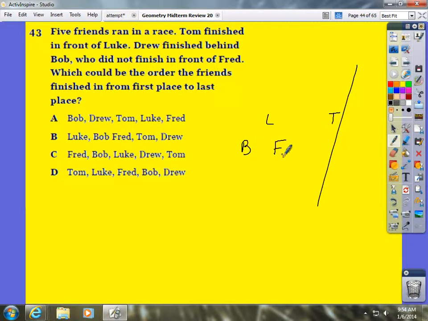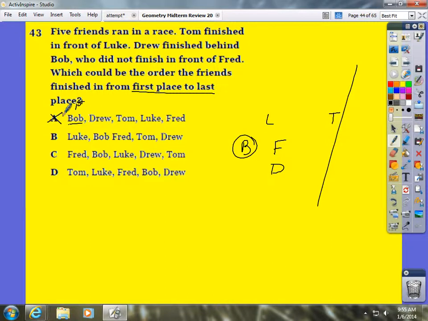Let's see. Bob has to be behind Fred and Drew. Okay, from first place to last. Okay, that means that this would be first. Bob has to finish behind, so Bob cannot be first. Okay. Bob has to finish behind Fred and behind Drew.